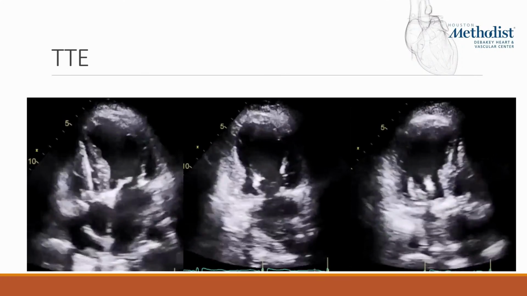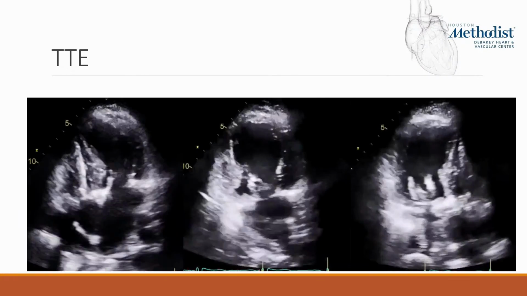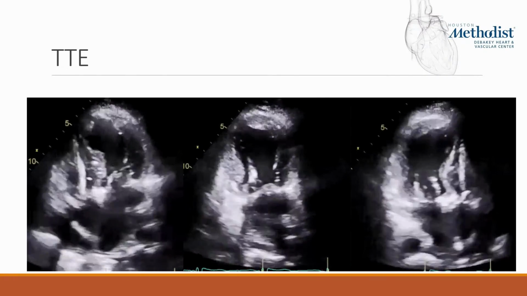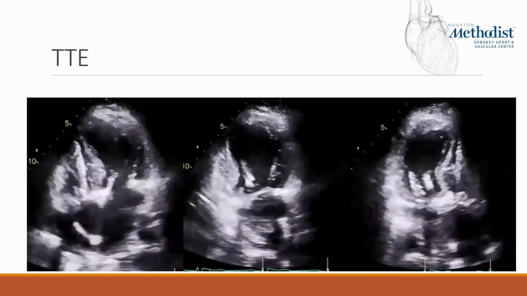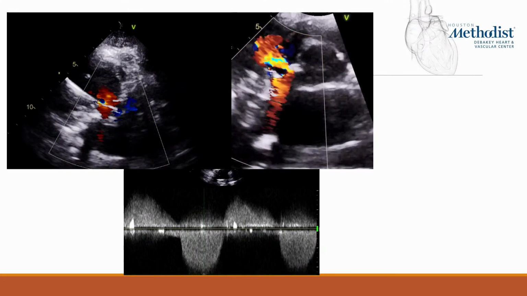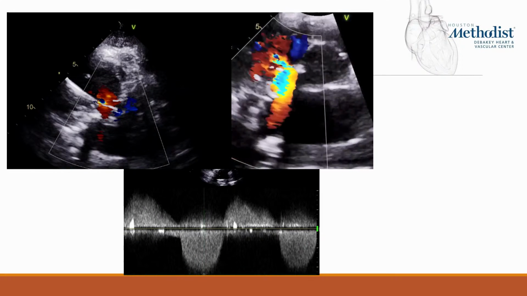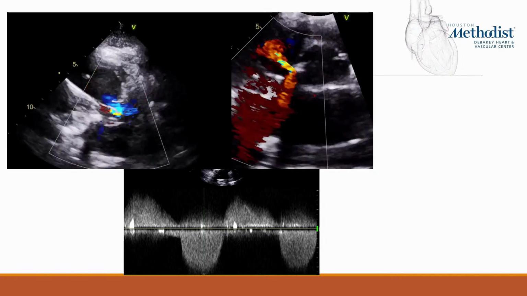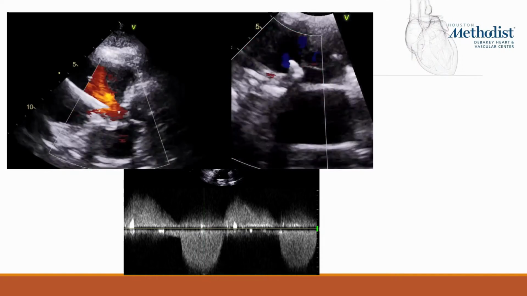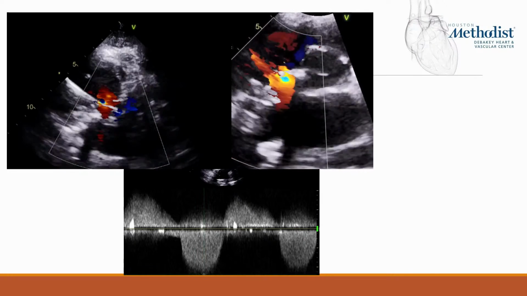Overall, there was improvement in the LV systolic function with mild to moderate LV systolic dysfunction. RV function was preserved, and now she has evidence of moderate to severe tricuspid regurgitation, which was new and developed in the past 4 months since she had the valve replaced.